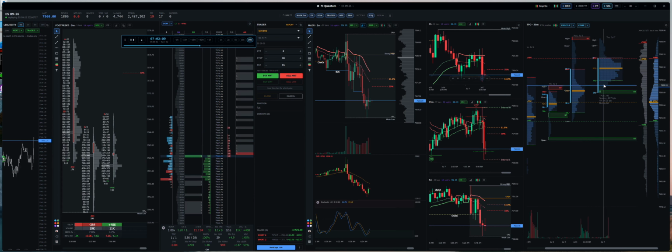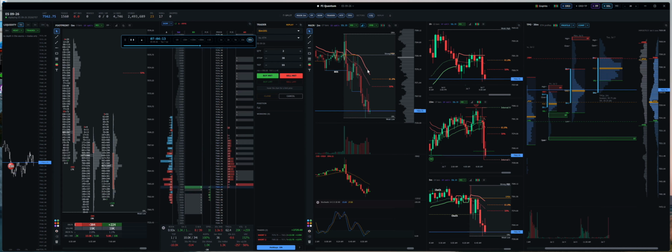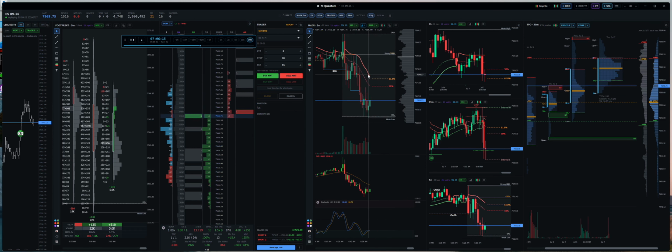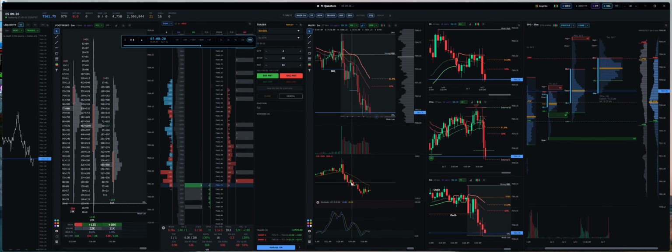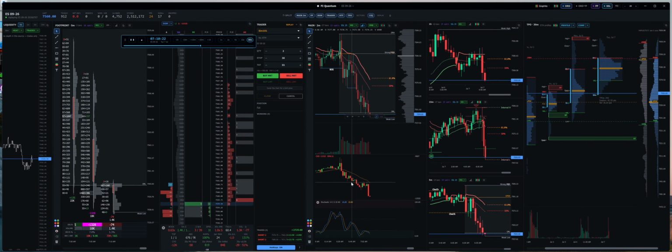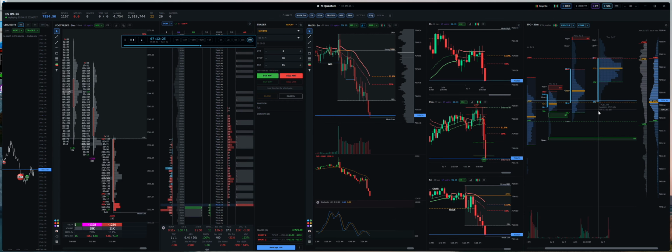Okay, potential bind tail forming. But we are below all the moving averages, right? Cumulative deltas. Not looking good for the longs. So yeah, so we cycled the value area.